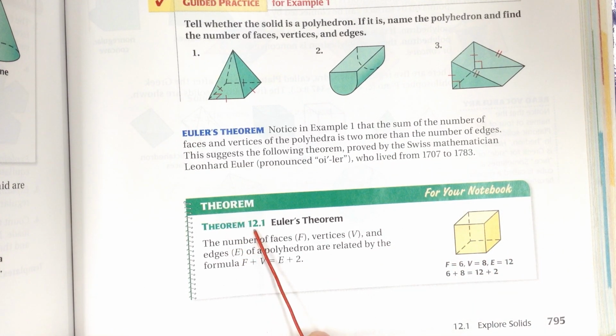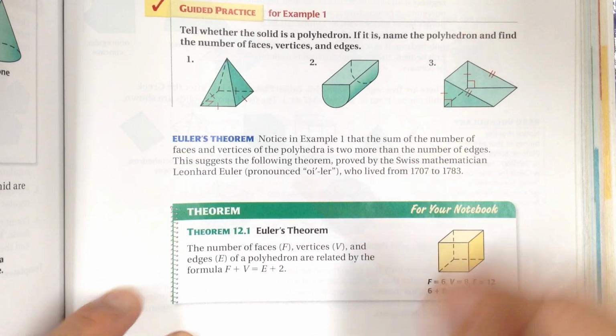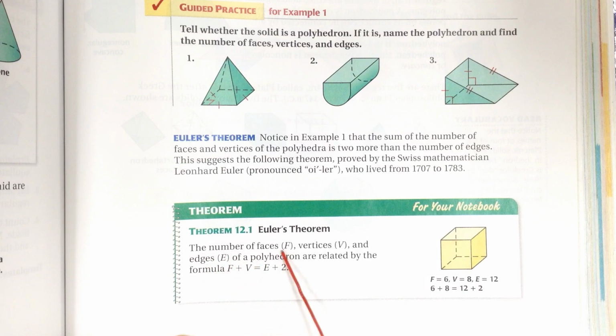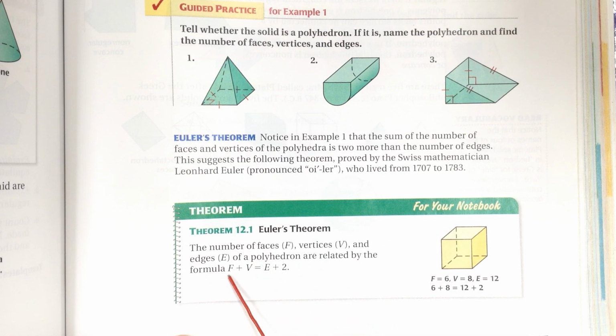So theorem 12.1, Euler's theorem: the number of faces F, vertices V, and edges E of a polyhedron are related by the formula F plus V equals E plus 2.